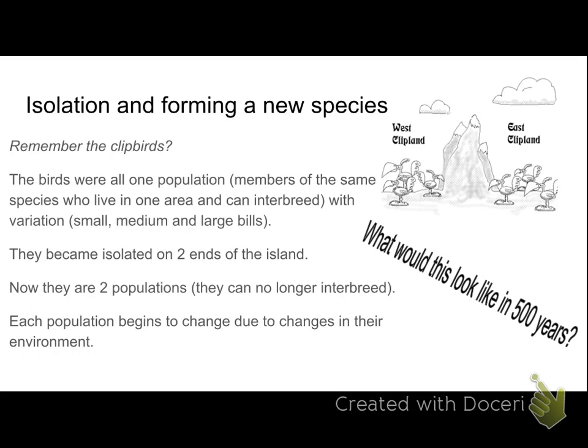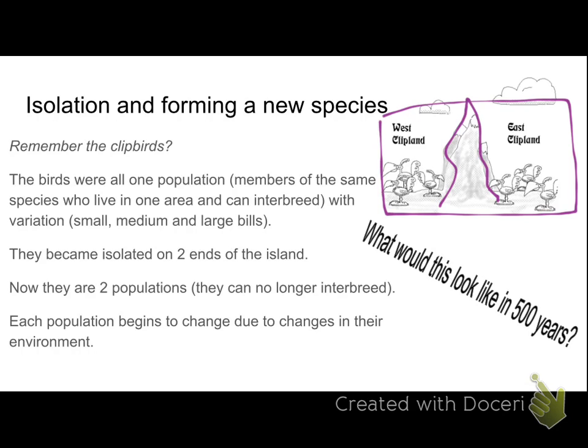So if we think back to the clipbirds. Okay, remember the clipbirds activity that we did? We had those clipbirds on an island, and suddenly some enormous mountain range grew up in the middle of the island.